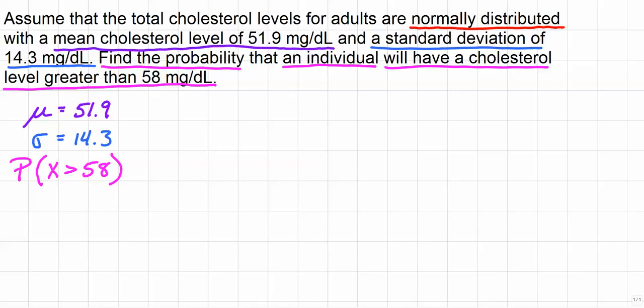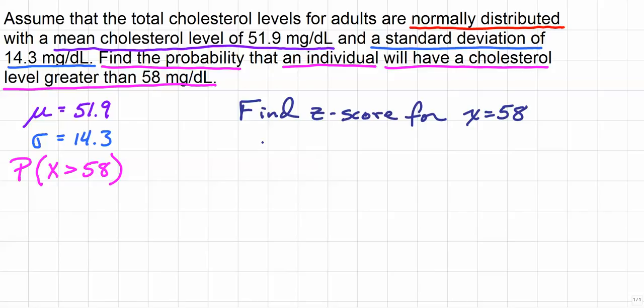Now, in order to do this, I'm going to have to use the standard normal distribution table, and in order to do that, I need to look for a z-score. So that's where we're going next. We will find a z-score for x is equal to 58.